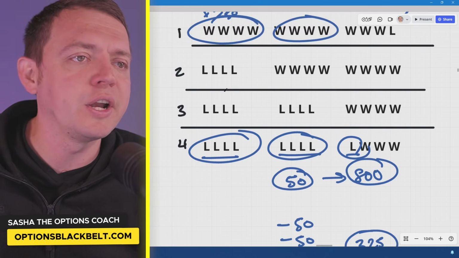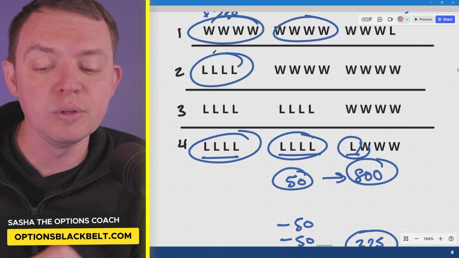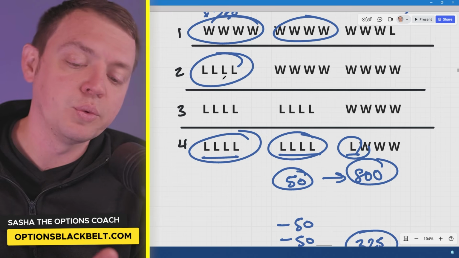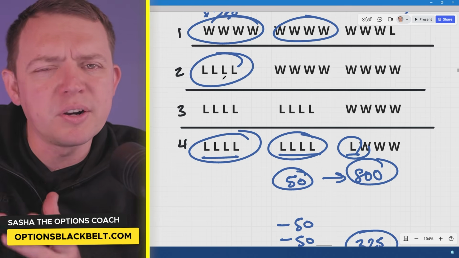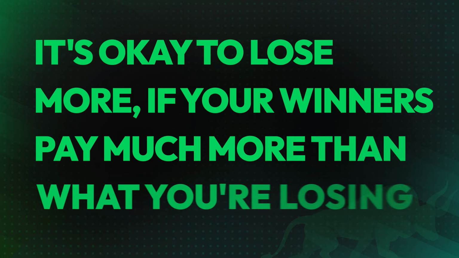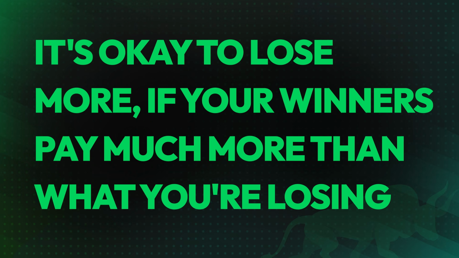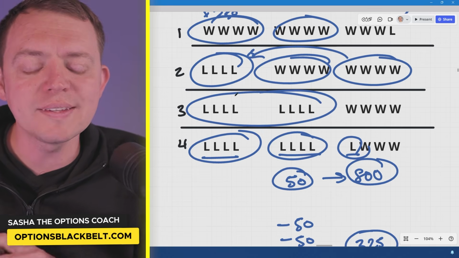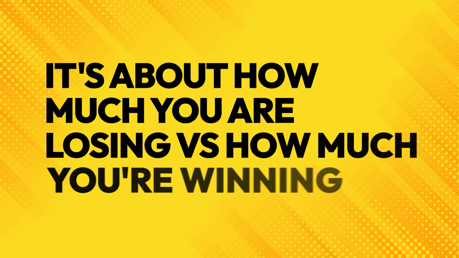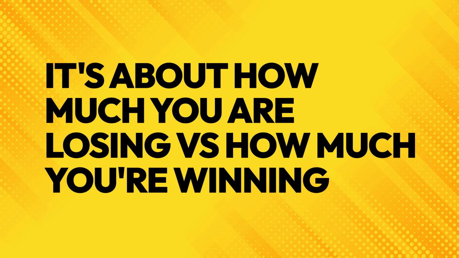And different trades right here might be the same thing that you think about, where let's say you've got a handful of losses, or you lose, you win, you lose, win, lose, win. Just the number of scattered losses versus the types of wins. Those trades are still fine. It's okay to lose more trades, as long as these winners are paying back much more than the ones you're losing. So it's not about the quantity of your losers. It's actually about how much you are losing when you lose versus the amount you're winning when you win.